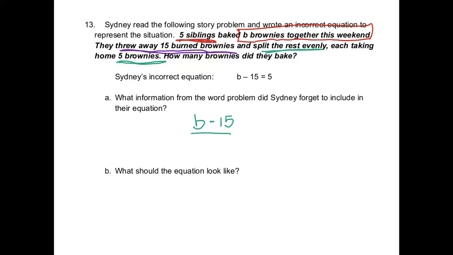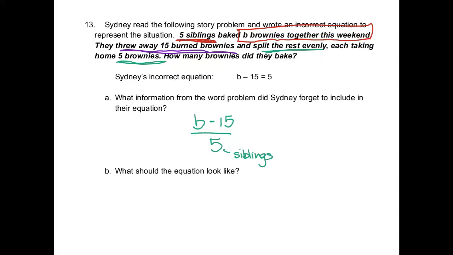Is this the rest of the brownies right there? You made B number of brownies. You got rid of the burnt ones. Is this the rest that we're going to divide? Okay, and what do I divide that by? Why 5? Is that because they each got 5? 5 siblings. Okay, so this is being divided by the 5 siblings.